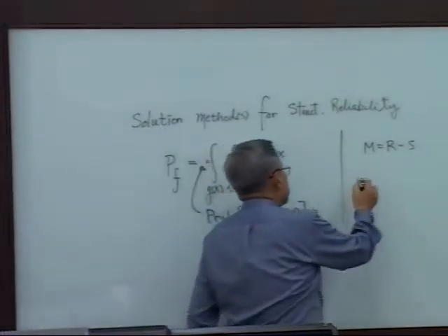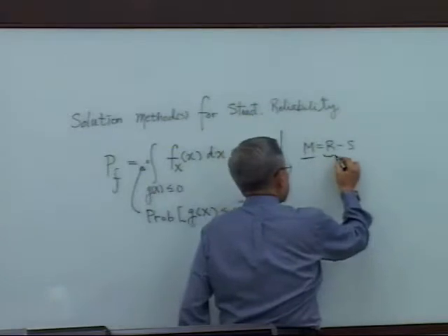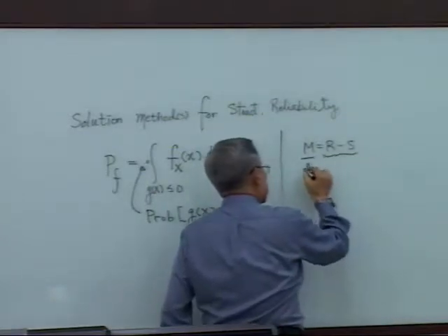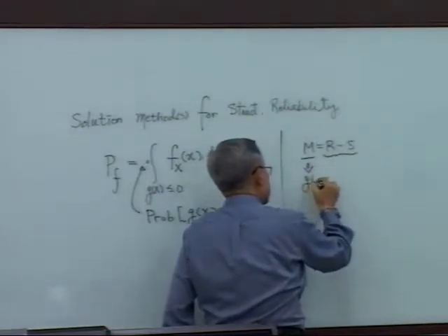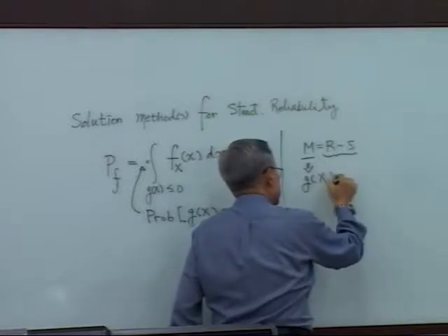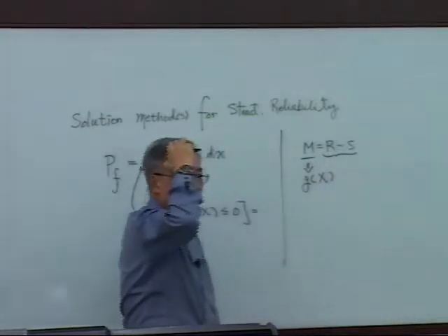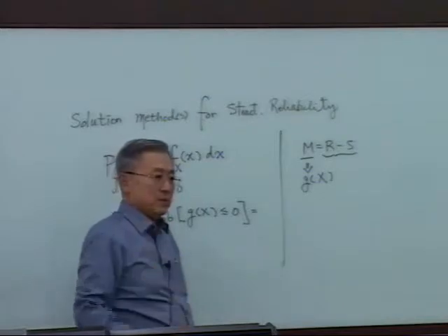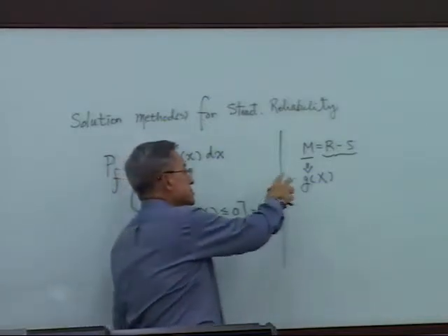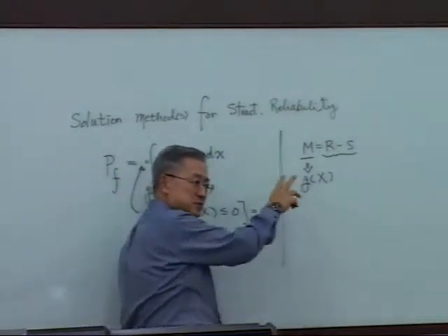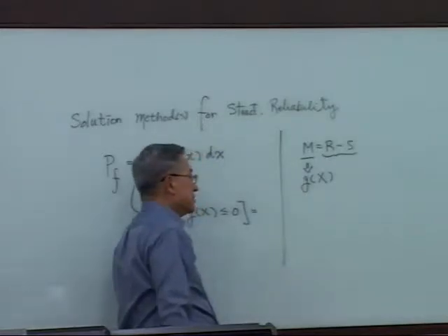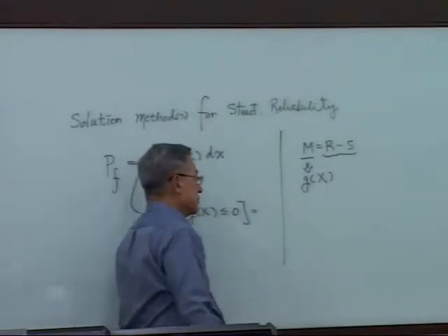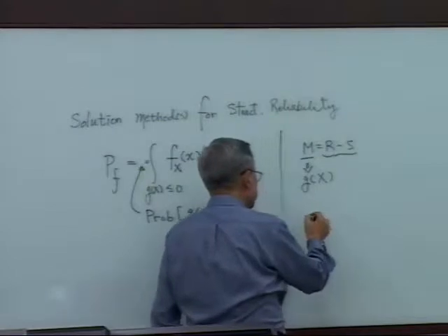And this as a whole, you can say is like G(x). X is the random variable. It's a very similar expression, but this is a two random variable situation.